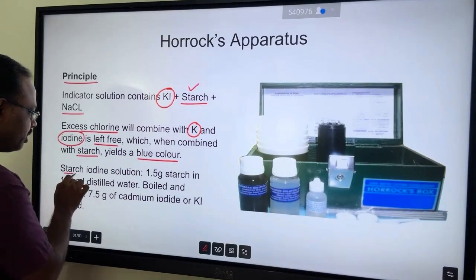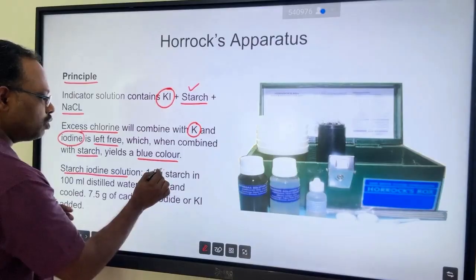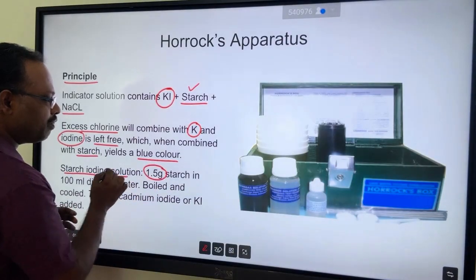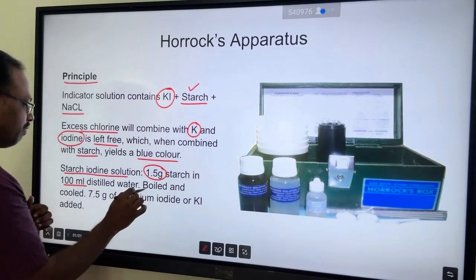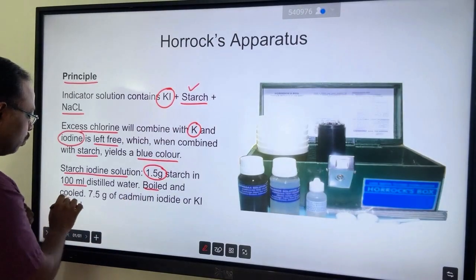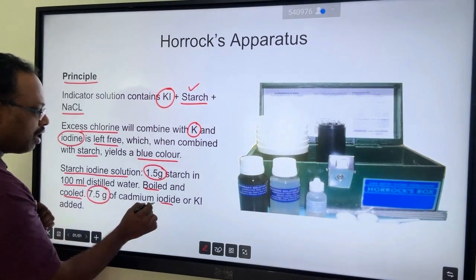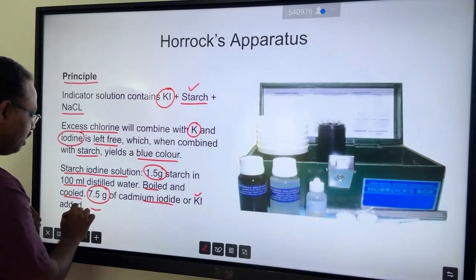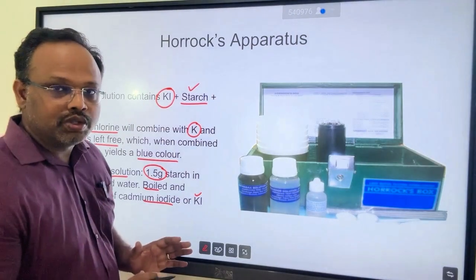The starch iodine solution will be prepared freshly. For that we need 1.5 grams of starch in 100 ml of distilled water. We need to boil it, cool it, then 7.5 grams of cadmium iodide or potassium iodide needs to be added for making the indicator solution.